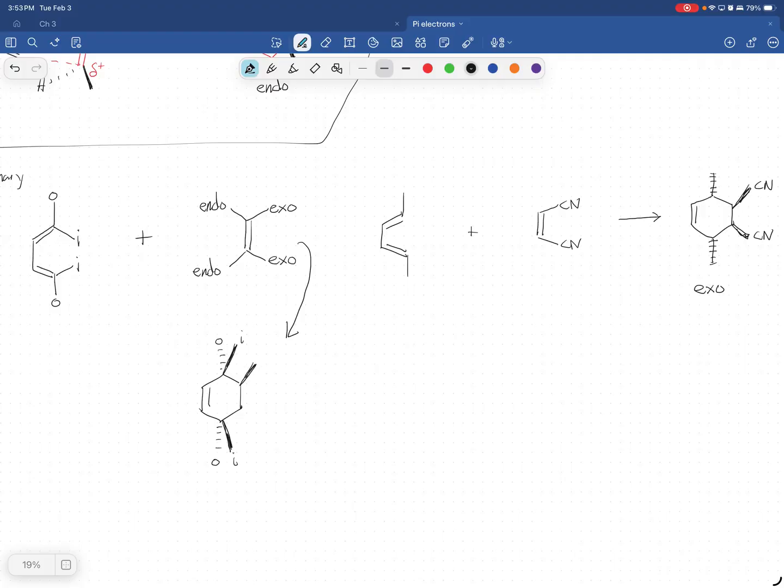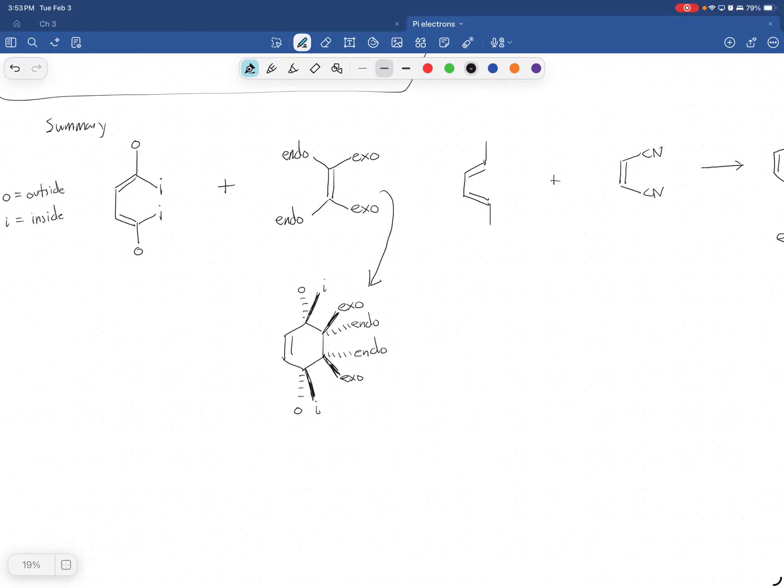And then if you have an exo group, the exos will be wedged, and the endo groups are dashed. So this is the relationship between endo and exo.